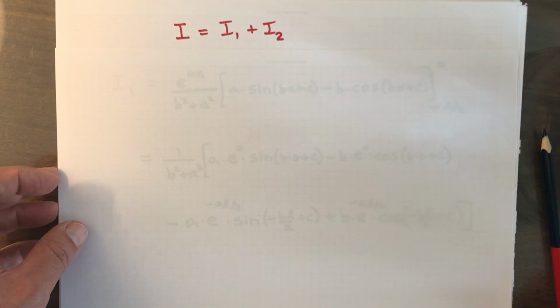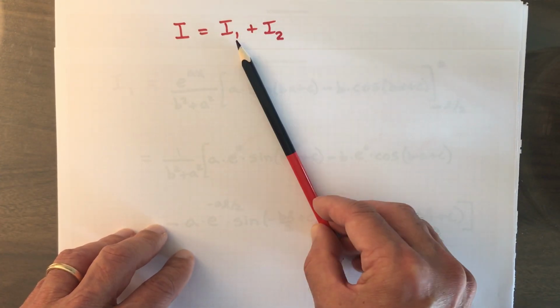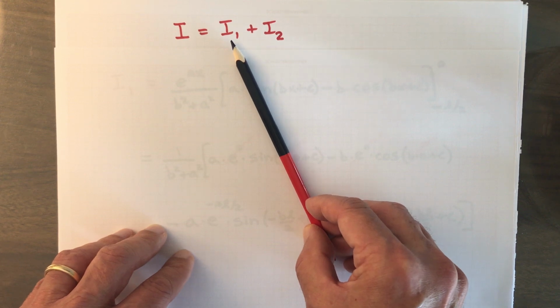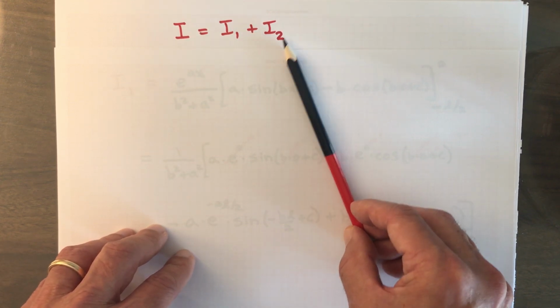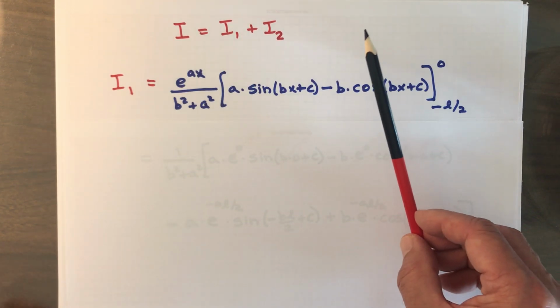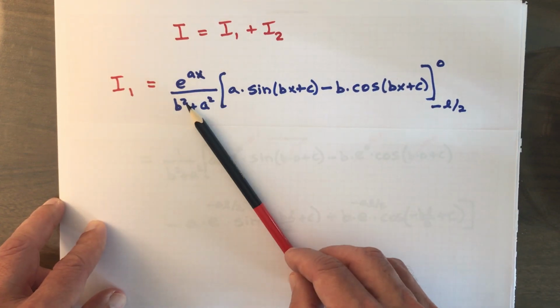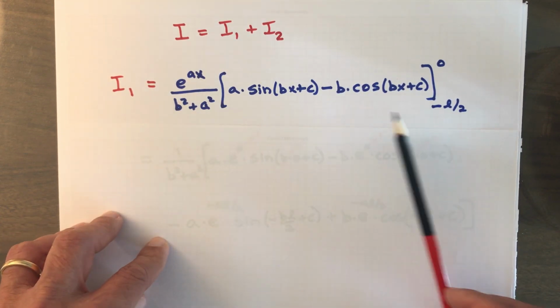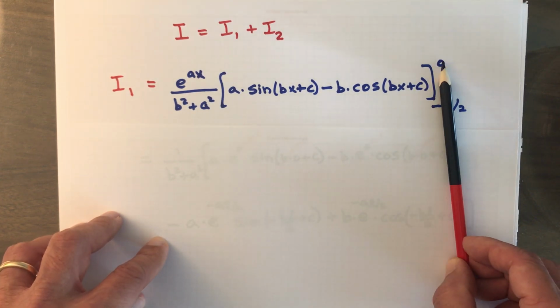To be very methodical, we're going to go ahead and split the total integral into two parts. The first part is going to be minus L over 2 to 0, and the second part is going to be 0 to positive L over 2. That way we keep our terms separate. Okay, so the first integral is going to be e to the ax over b squared plus a squared. It's the same term as before, but now evaluated from minus L over 2 to 0.